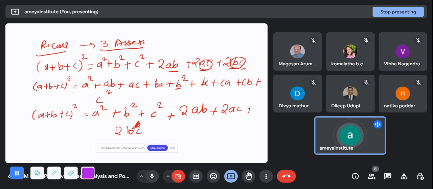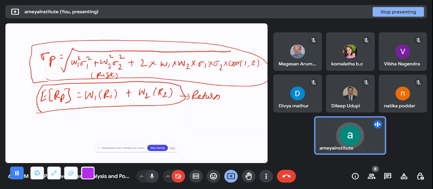So that's how we can derive this formula for how many assets? Three assets, right? So we can use the same thing here. We can put that formula (a plus b plus c) square. We can use this formula to calculate the portfolio risk of three assets.